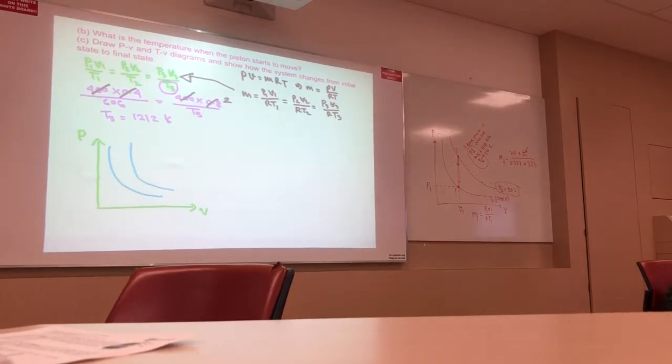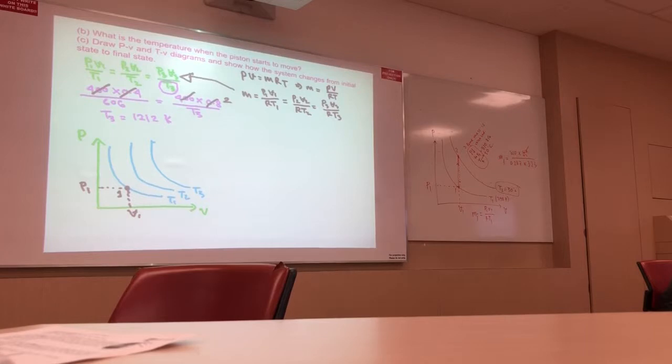This is for T2. This is for T3, right? I can write T1, T2, T3. So what is state 1? This is V1, this is P1, this is state 1.